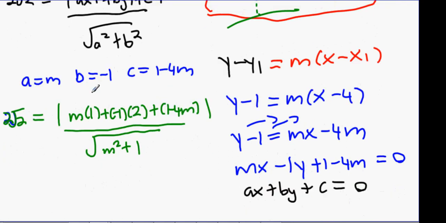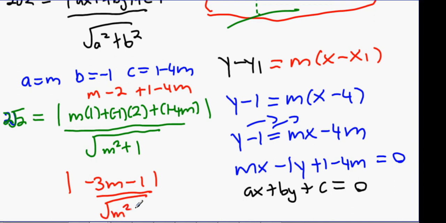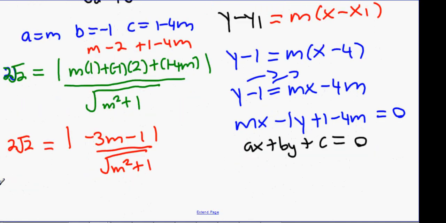So to save time, I'm just going to do it like this: m times 1 minus 2 plus 1 minus 4m. And then what I'm going to get here is minus 3m minus 1 on top. On the bottom we're going to get m squared plus 1. Then I'm going to get 2 root 2. Okay, guys? It's not m plus 2.